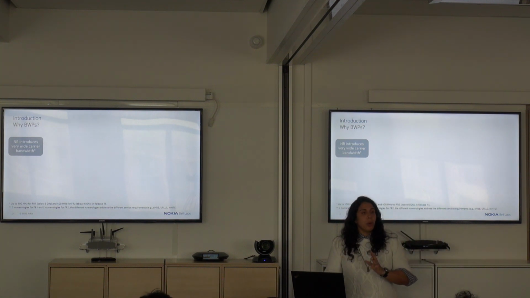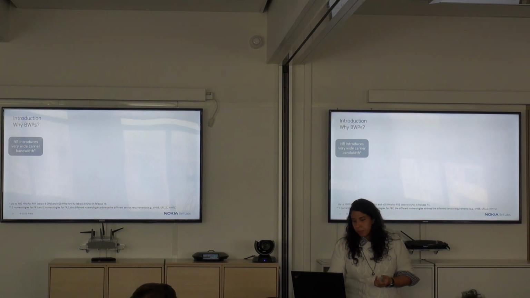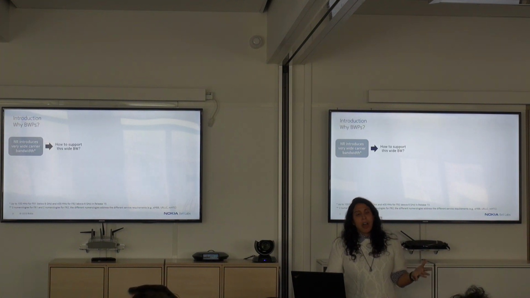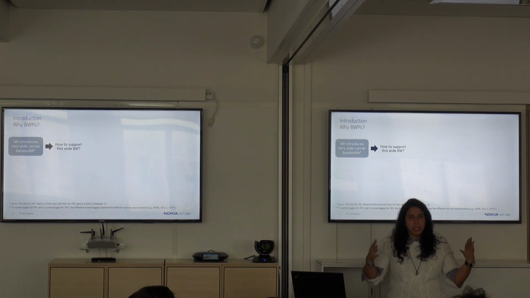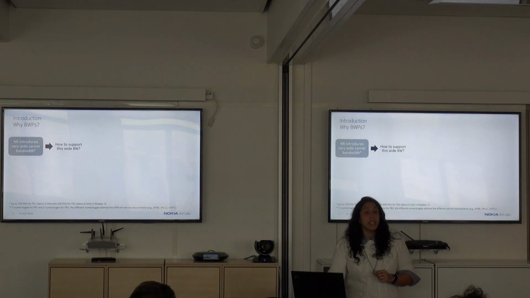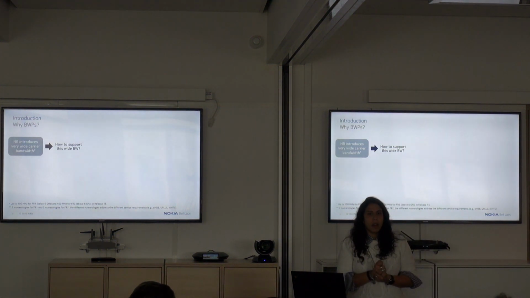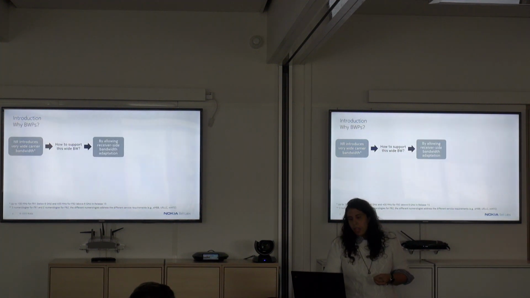So this is a new key characteristic of new radio. And then the question is, how can we support this wide bandwidth? We mean, how can we support it from the user equipment perspective? Because it is wide, it requires a lot of processing from the user equipment.